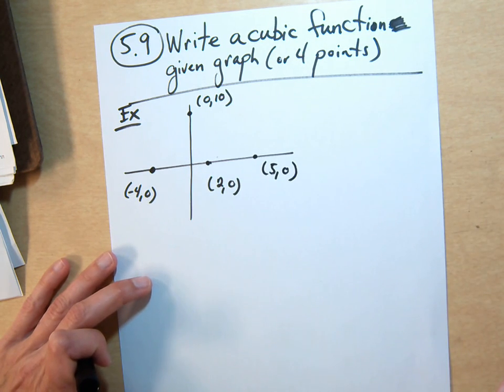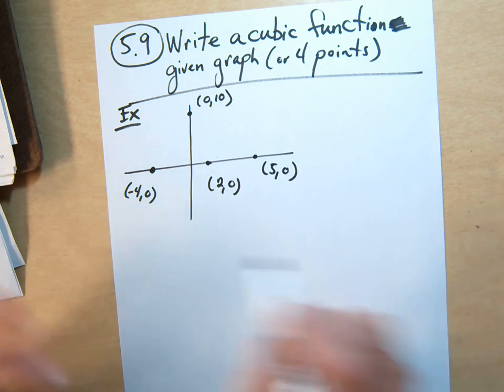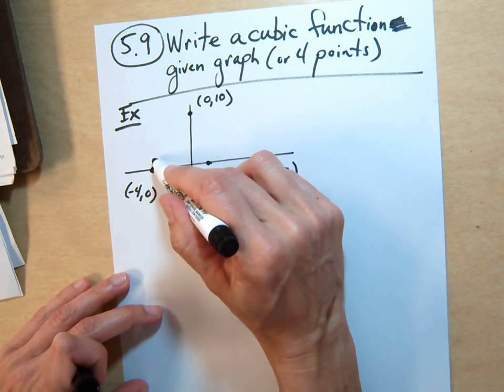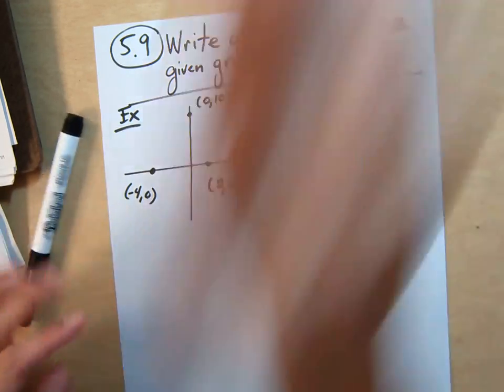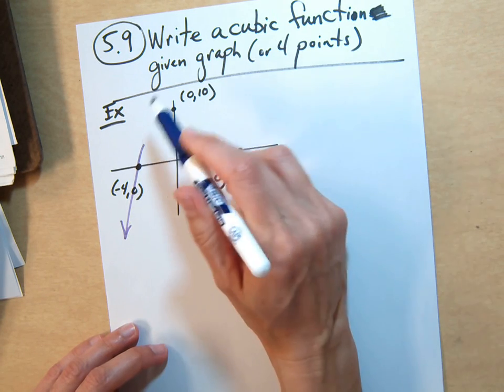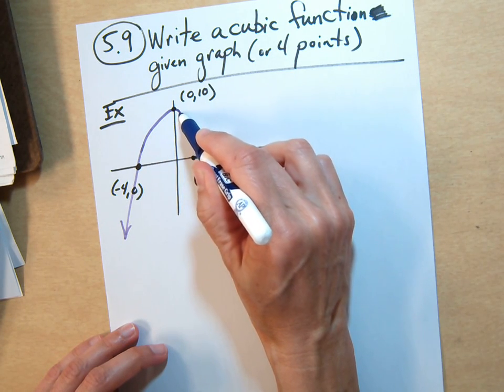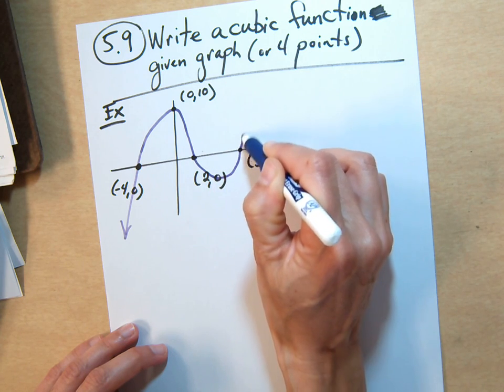And then you might be just given the points without the graph. So you should be able to do it that way, or you might find these points by looking at the graph. In this particular example, the shape looks like this. So it goes up through here, and then it turns, goes down. There's your local minimum right there, and then it goes back up.